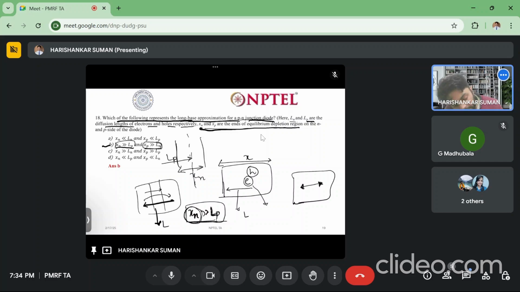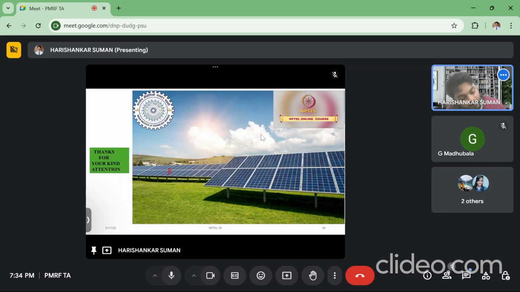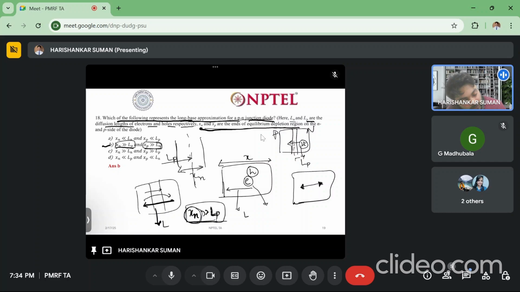So this is the concept. Let's say this is n, this is p, and a hole wants to cross from the n side to the p side somehow, but the depletion region length is too high.